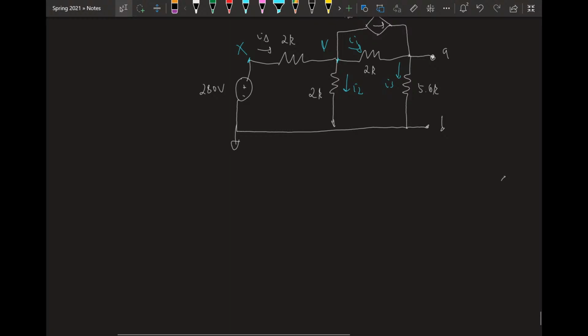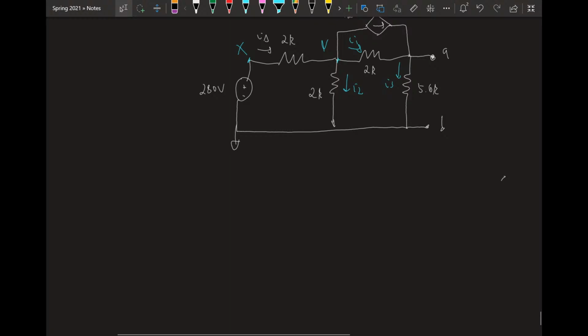I'm going to choose to use node voltage again because I prefer node voltage over mesh current. But you could solve using however way you wanted. There is X. Vx is still 280 volts. Writing our equation for node Y, we're going to have that I delta coming in minus I2 minus I1 minus 0.2 I delta, right?